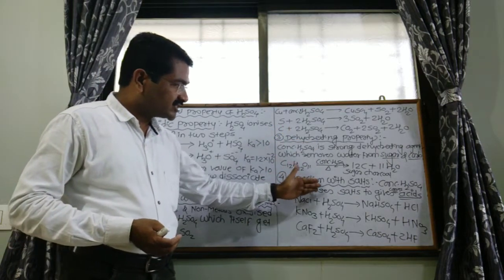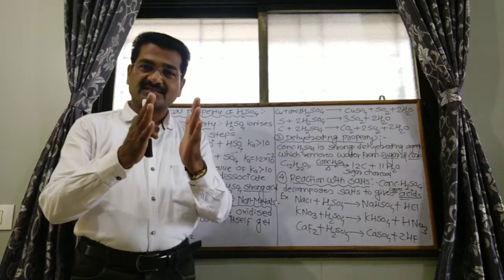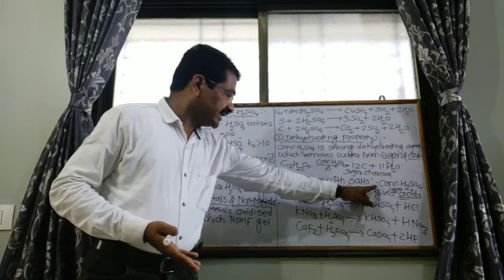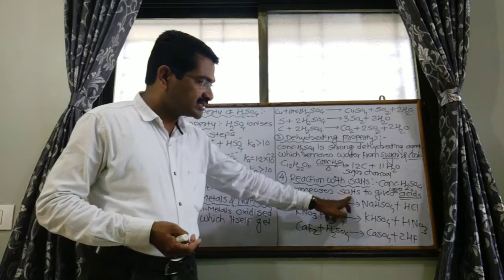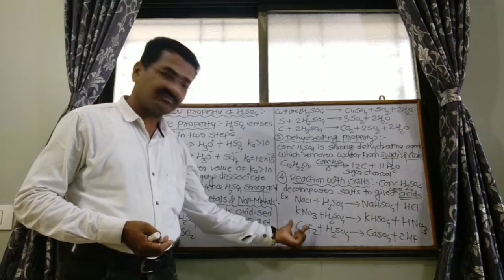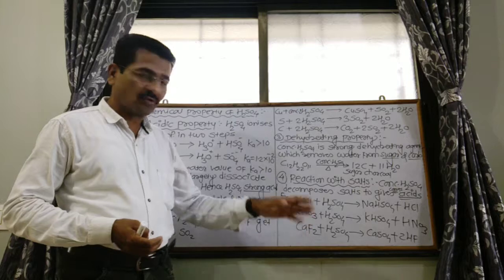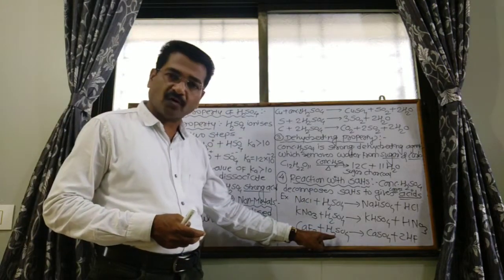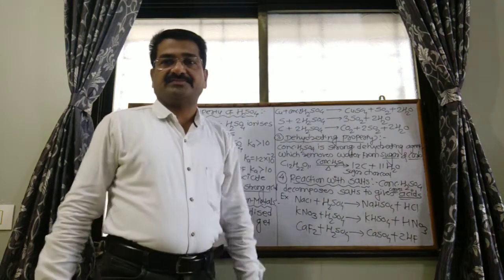Fourth one, reaction with salts. How does sulfuric acid react with different salts? Concentrated sulfuric acid decomposes salts to give the corresponding acids. We can take any salt, sodium chloride, potassium nitrate, calcium fluoride; any salt can react with concentrated H2SO4 and we get the corresponding acids.